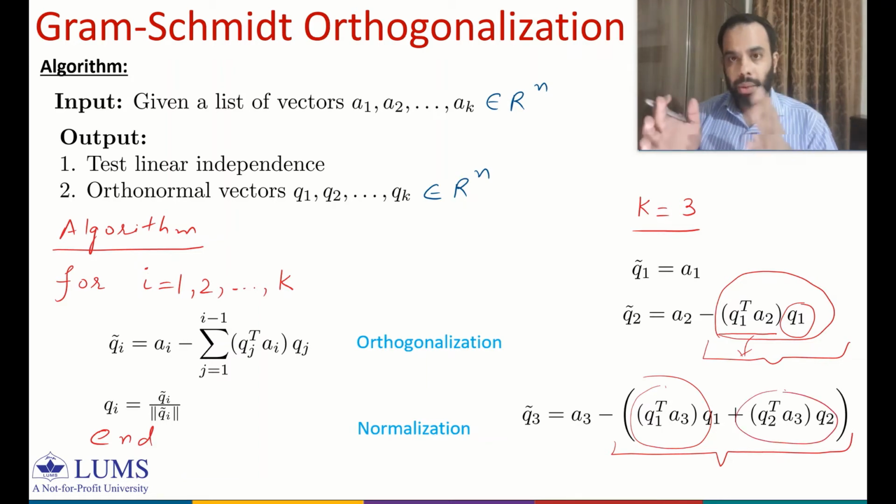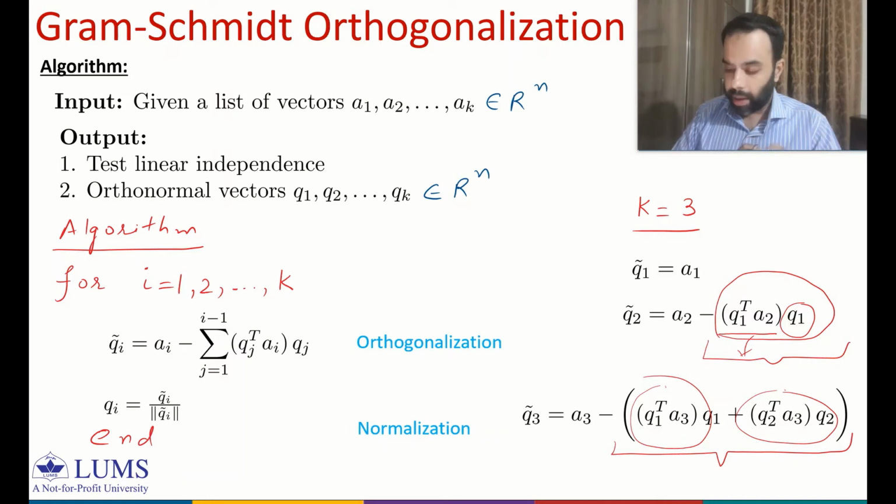You add those two components, which are orthogonal to each other, and then you subtract them from A3, and you get the contribution of A3. In fact, you get Q3, the third component of A3. Q3 tilde has a nice property: it is orthogonal to Q1 and Q2.